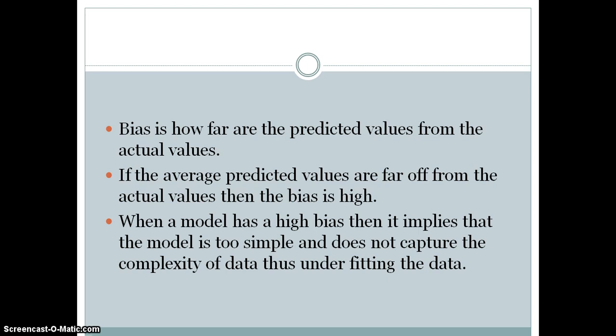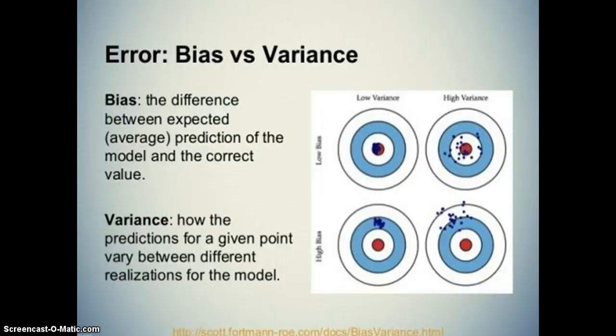Next is the variance. Here is the difference between bias and variance. As I told you before, the difference between the expected prediction of the model and the correct value is known as bias, and how the prediction for a given point varies between different realizations of the model is known as variance.